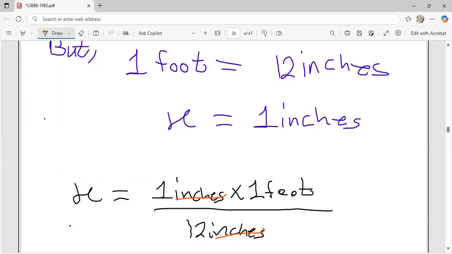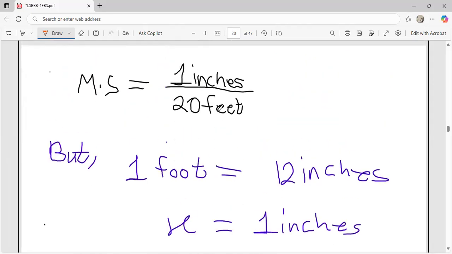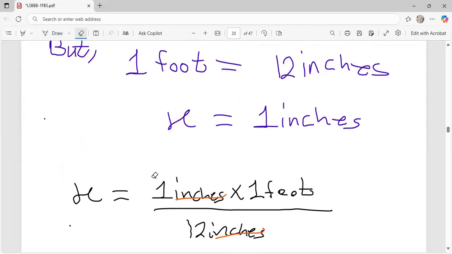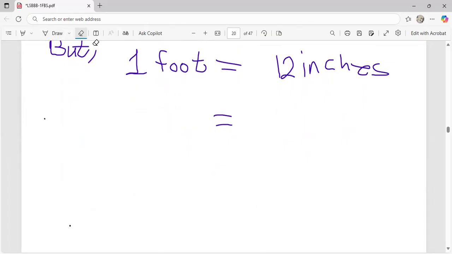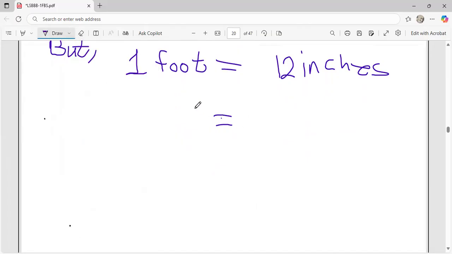Better still, if you like, we can convert the 20 feet into inches. Let's also try that approach and see how it will work. If you also want to use that method, it is also quite accepted and appreciable. So to do that, we have to just turn around.